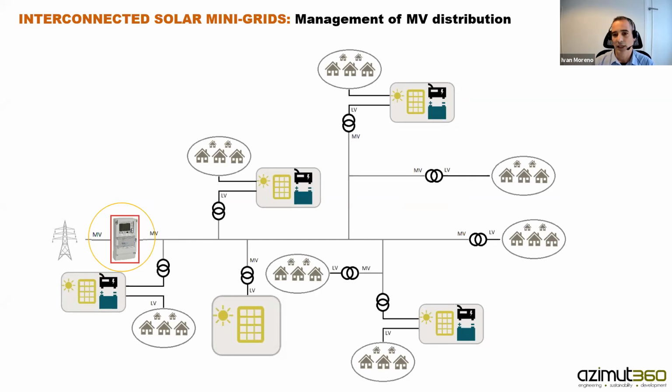This is the same as what we commented on in the previous slide, but in this case, with only one meter it is easier. This is a more optimal scheme for renewable energy optimization, because here we don't need to have contracts in each village, and the sharing of the surplus is automatic, or easier, and so we have only one point of interconnection with the meter, with the medium voltage line.